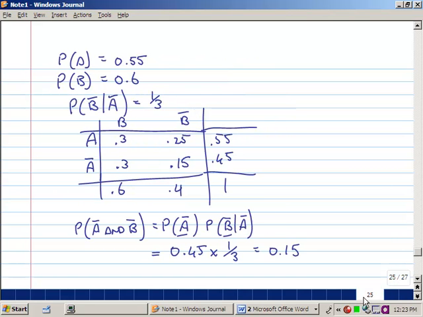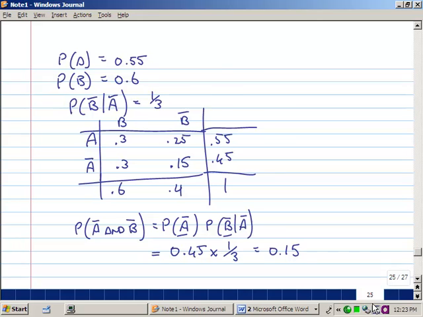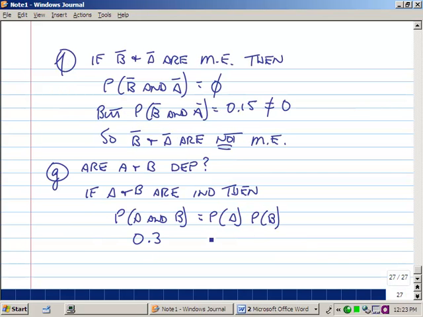Probability of A and B is 0.3. Probability of A times the probability of B: A is 0.55, B is 0.6.